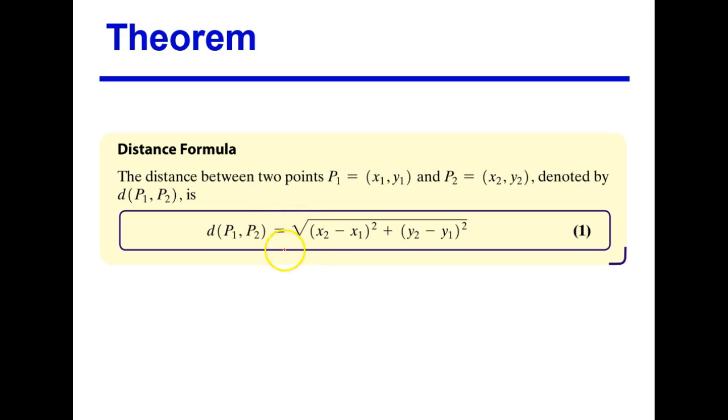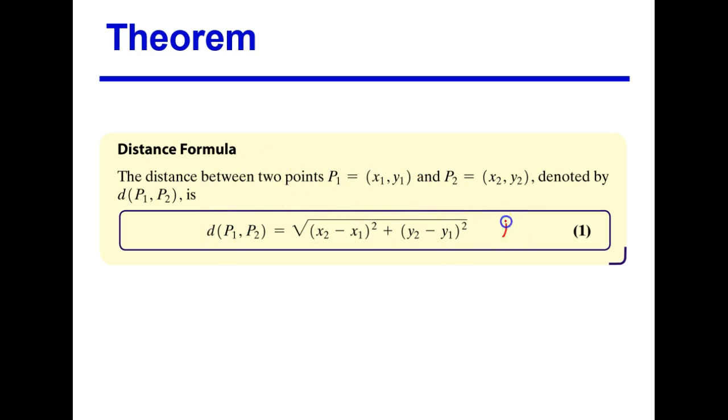Now here's the actual distance formula. It's the exact same thing we just did, only in a slightly different order. The distance between 2 points, point 1 and point 2: when we have a number below our letters, that just denotes which one. This is the x of the first point and the y of the first point, then the x of the second point and the y of the second point.